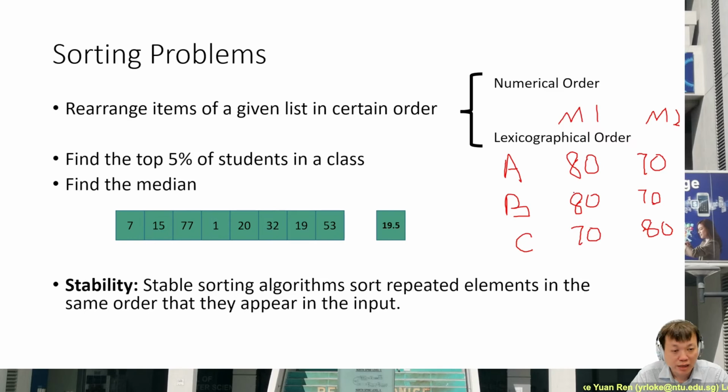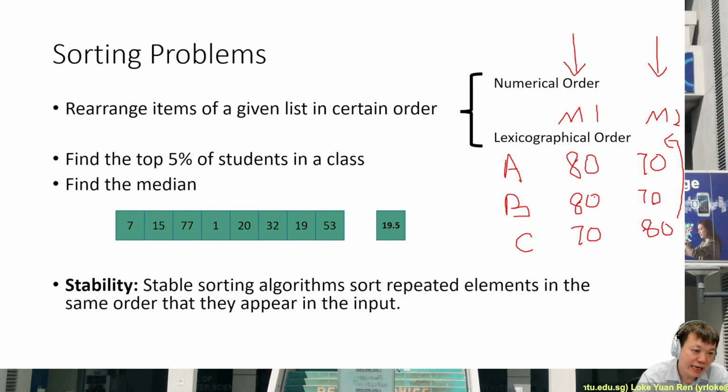If I sort by the first column from highest to lowest, it should be ABC, no problem. Then I sort the second column, M2. Of course, C will move up, but A and B still remain unchanged. Then that means this sorting algorithm is stable.